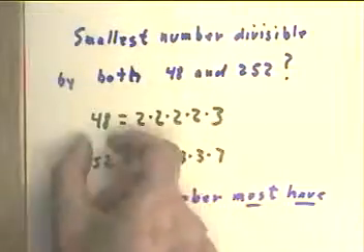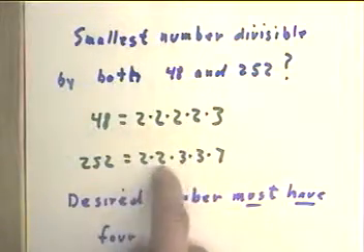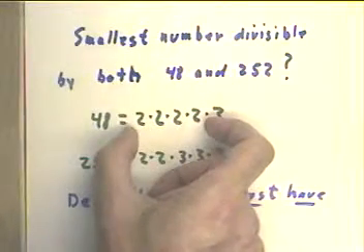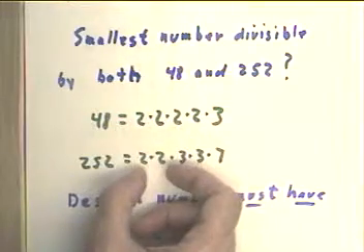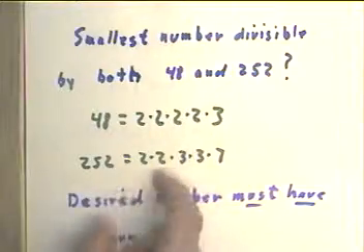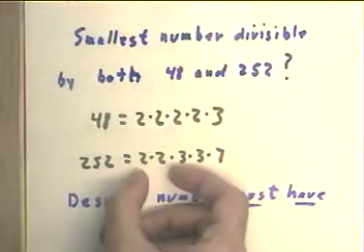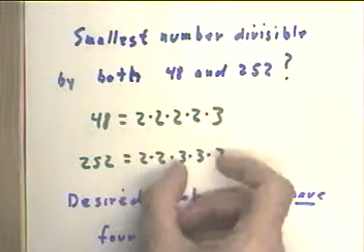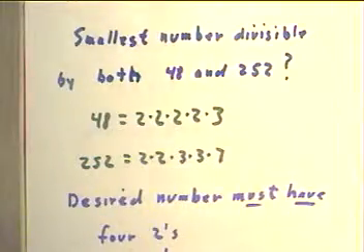The 4 2's that we get from 48 are going to be sufficient to take care of the 2's that we need for 252. In other words, if our common multiple has 4 2's in it, then we're not going to have any trouble out of the pair of 2's that we have in the 252. When we divide 252 into that number, the 2's will be taken care of. But we're also going to need a couple of 3's. We only need 1 3 for 48, but we need an extra one here. And we're going to need the 7, of course.